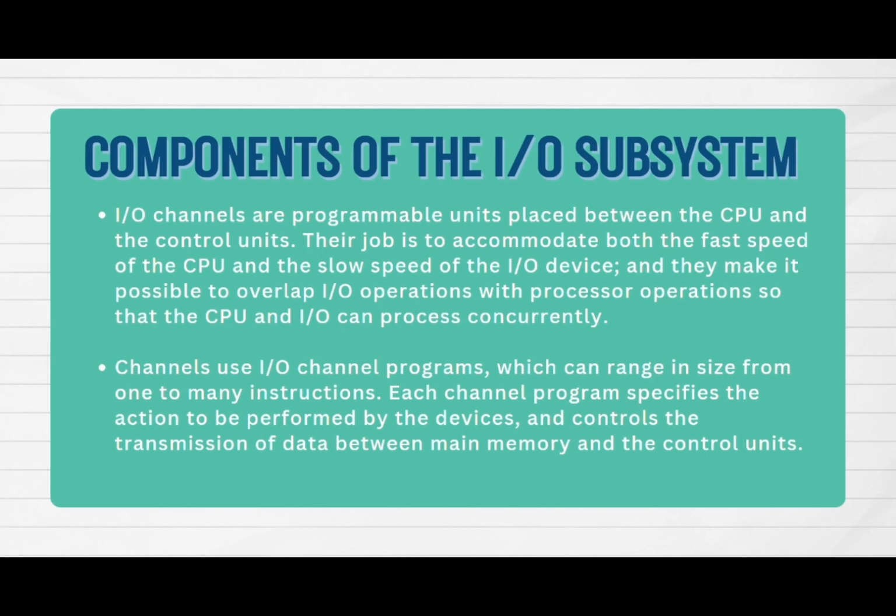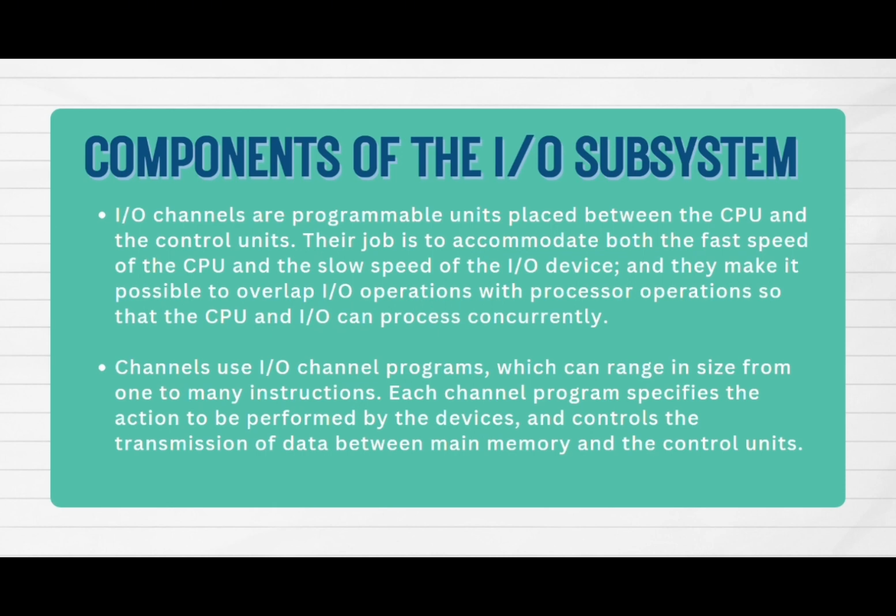Input-output channels are programmable units placed between the CPU and the control unit. Their job is to accommodate both the fast speed of the CPU and the slow speed of the input-output device, and they can make it possible to overlap input-output operations with processor operations so that the CPU and input-output can process concurrently.